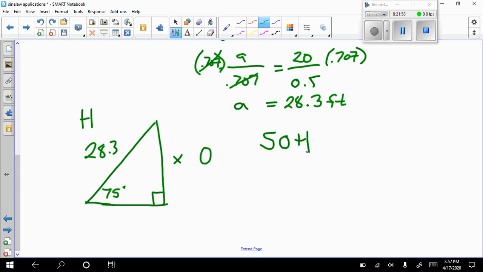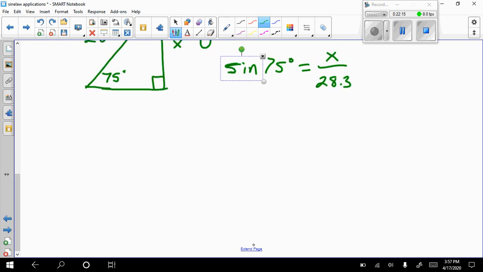I'm going to use SO. I've got the opposite and hypotenuse, so sine of 75 degrees is equal to opposite, which is x, over hypotenuse, which is 28.3. And then I can get the 28.3 off of this side by multiplying it by that side. But whatever I do to one side, I've got to do to the other, 28.3.